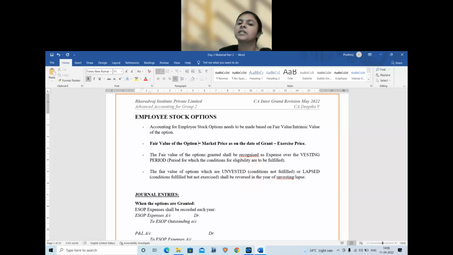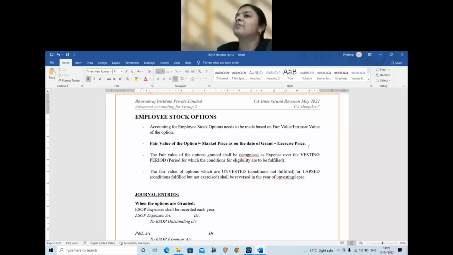So fair value of the option is nothing but market price as on the date of grant minus exercise price. Now what will happen? This fair value of the option will be recognized as cost in the books of the company. But what if the period of the option is for more than 1 year?